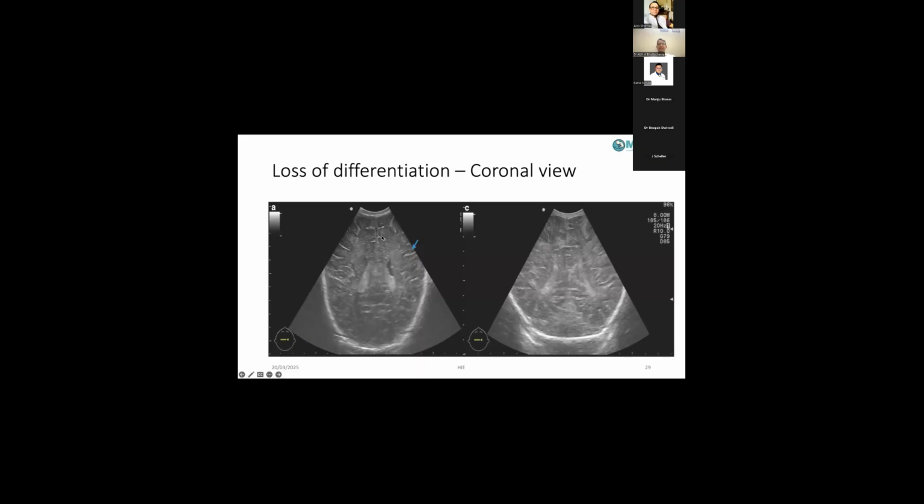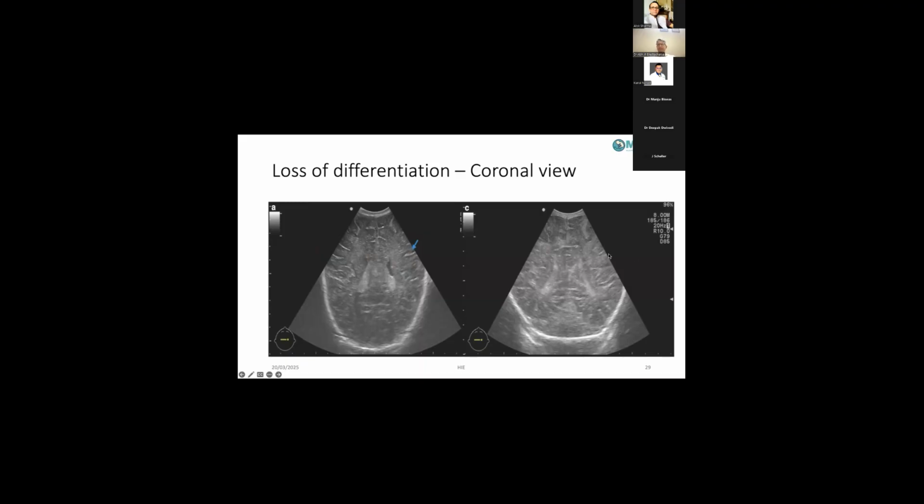And why are the sulcuses reflective, if you're thinking? Because your arachnoid membrane is making these infoldings, so that membrane is reflective. When it's making those infoldings, your ultrasound beam hits it and it becomes quite reflective, and it comes as a hyperechoic structure in the scan.